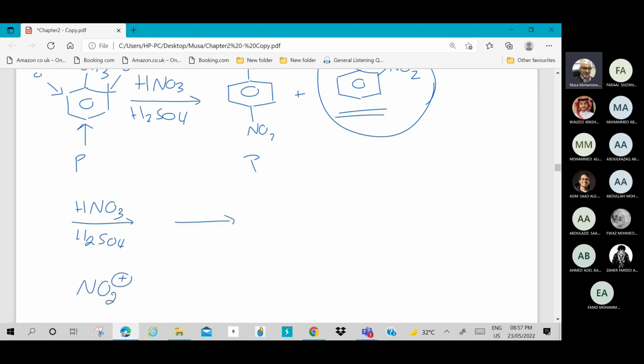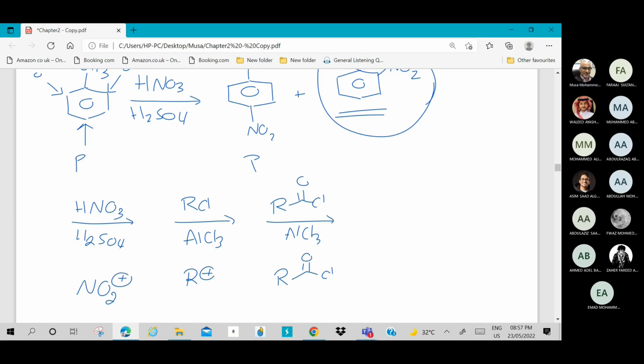When you see RCl, aluminum chloride, this is Friedel-Crafts alkylation. This is to add R plus. When you see RC double bond O, Cl, aluminum chloride, this is to add RC double bond O.